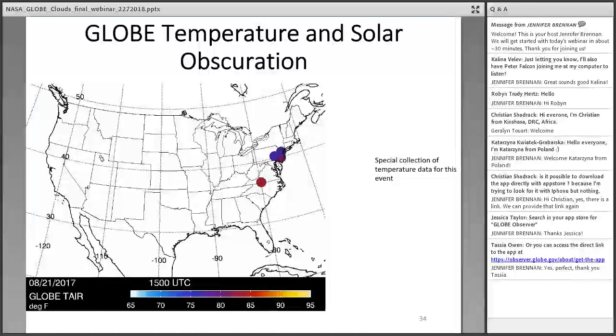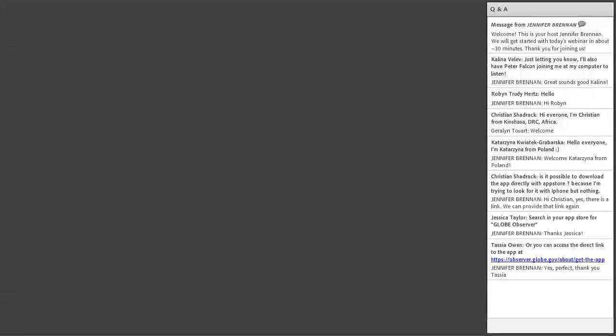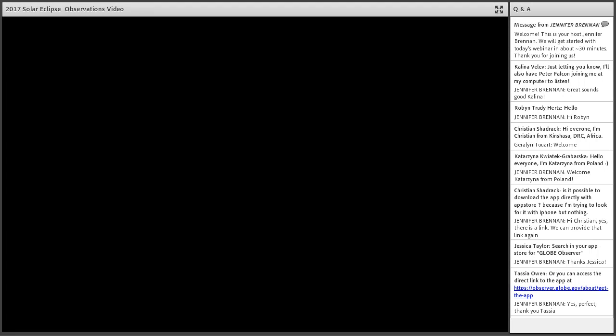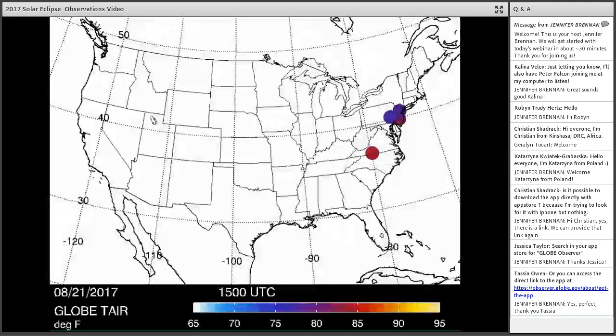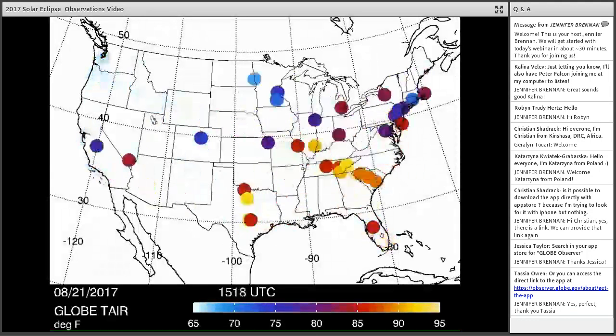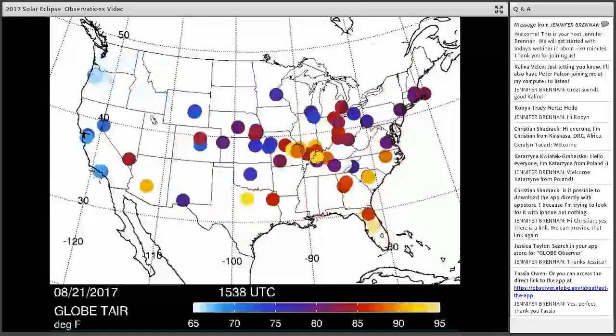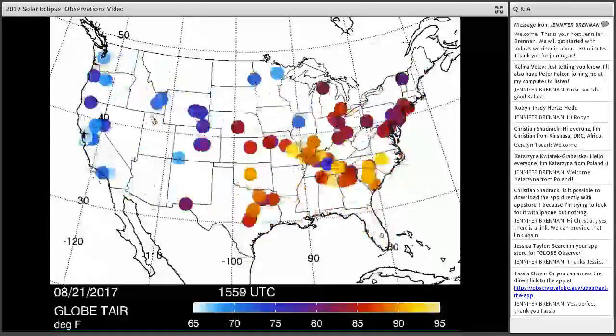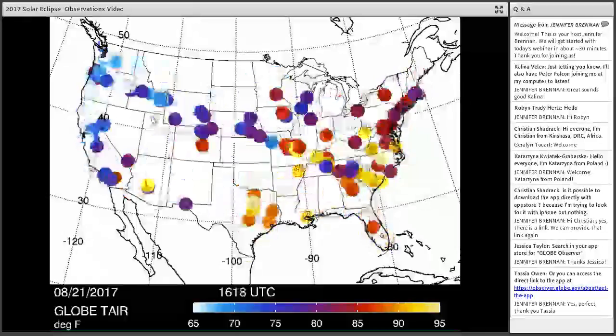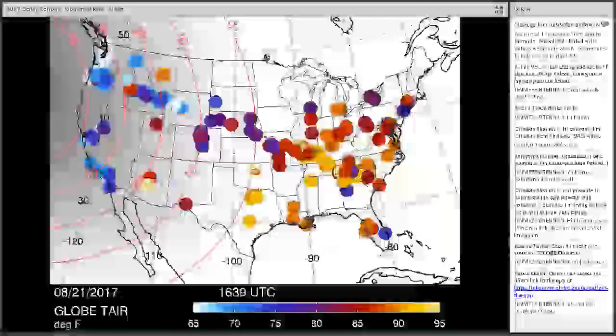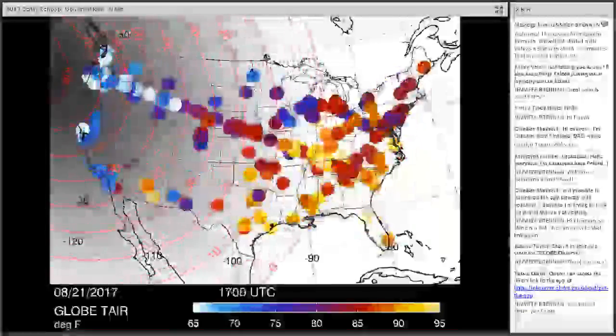Okay, so I've put together a short video summarizing the event, and let's see, we're going to bring it up. You'll see here each frame is 1 minute with all of the temperature observations taken by GLOBE Clouds observers, and this goes as the eclipse progresses.